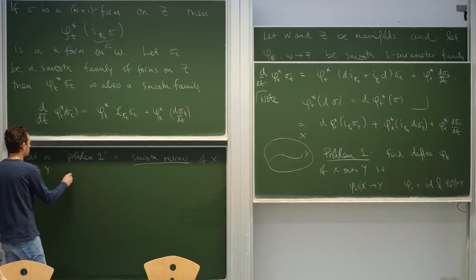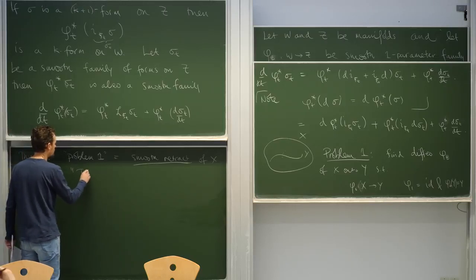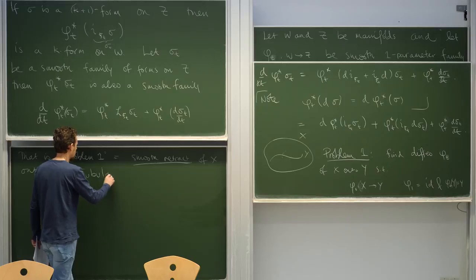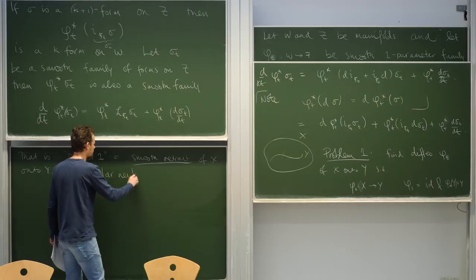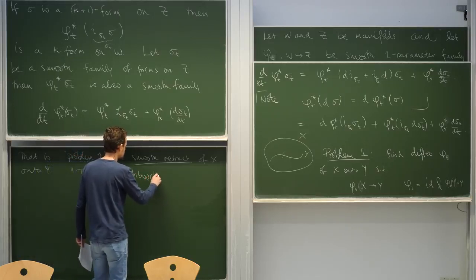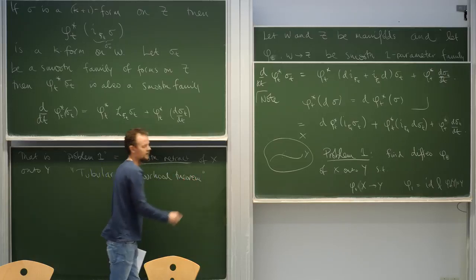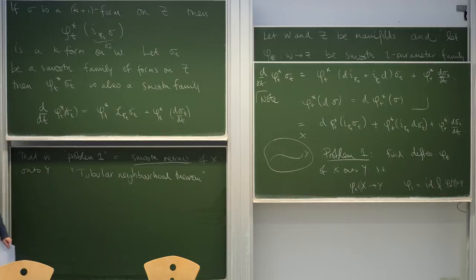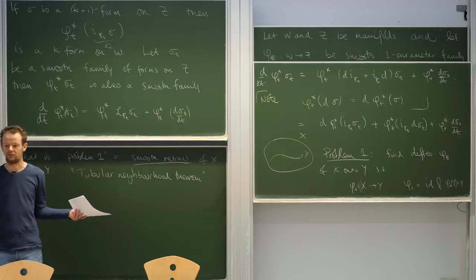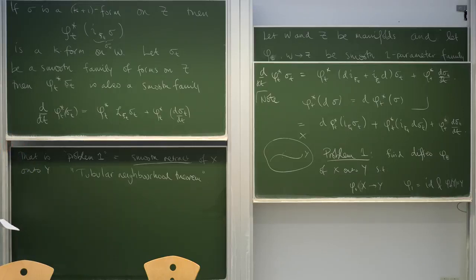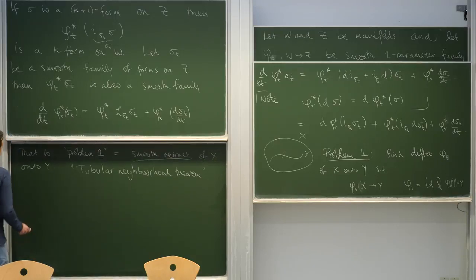It comes under the rubric of the tubular neighborhood theorem. So the existence of these retracts is a generalization of this idea of the exponential map. So I'll draw a picture and I'll explain why I don't want to get into proving this result in this course. The picture itself, I think, explains the proof.